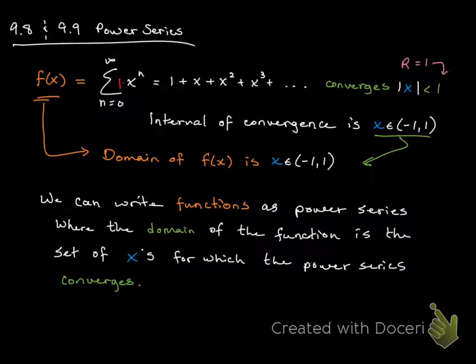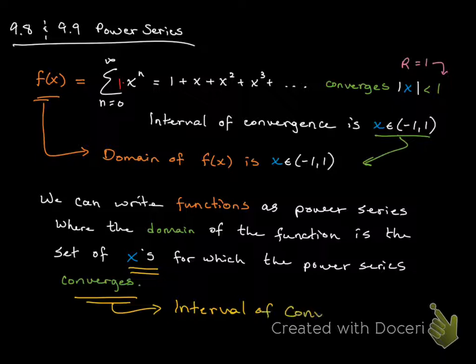Again, this is really just the interval of convergence. So this is why it's important to be able to find an interval and radius of convergence. As we're writing these power series as functions, that's going to be the domain or the set of x's for which these functions exist.